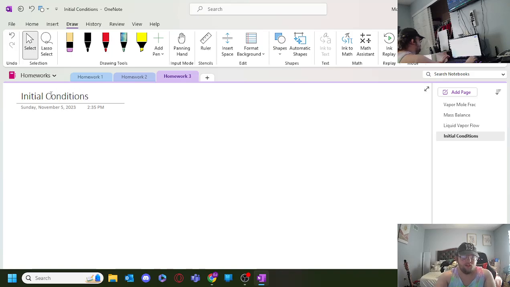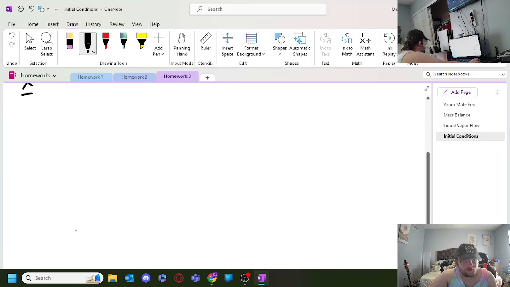Now the reason we have to get initial conditions is in order to solve these ODEs, we had to have an initial value, which is why they're called initial value problems. So for our initial moles, and we also need initial mole fractions. We need M initial, X initial.